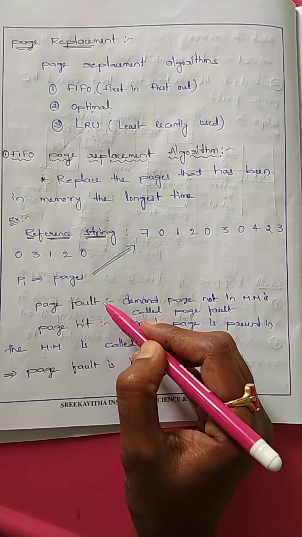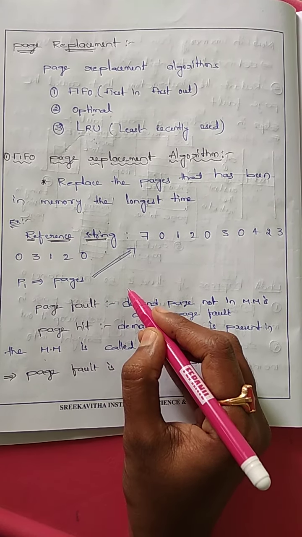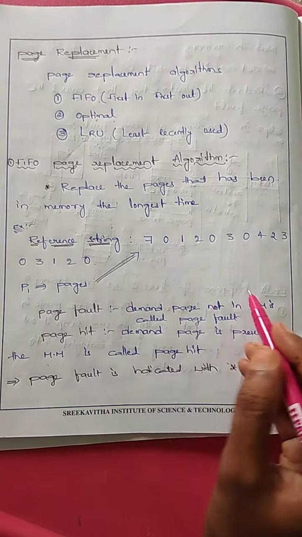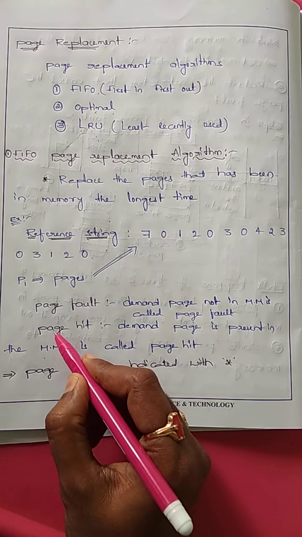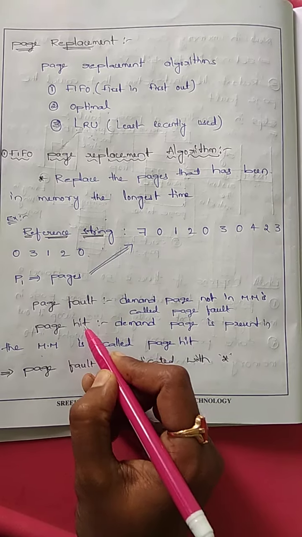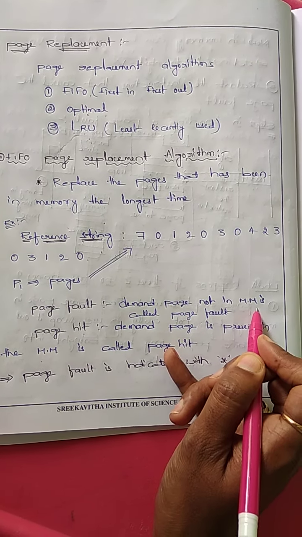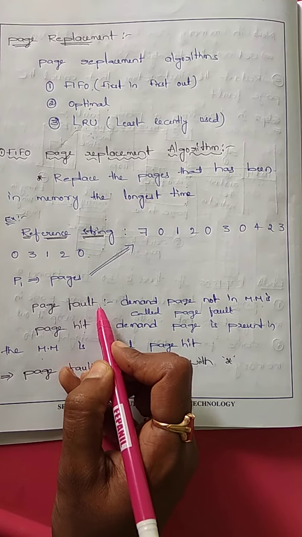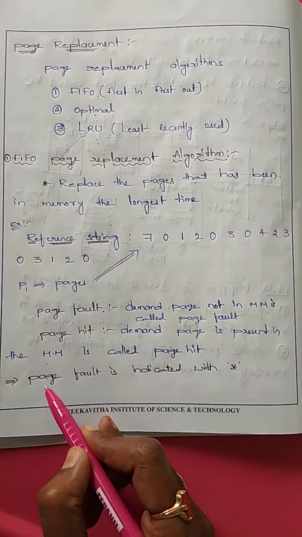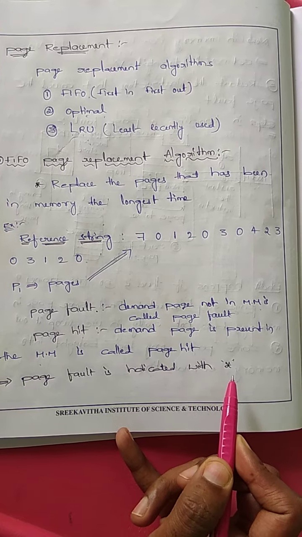What will occur when the CPU demands a page? If it is present in the main memory, then we call it a page hit. If the page the CPU demands is not present in the main memory, then we call it a page fault, and a page fault can be indicated with a star mark.